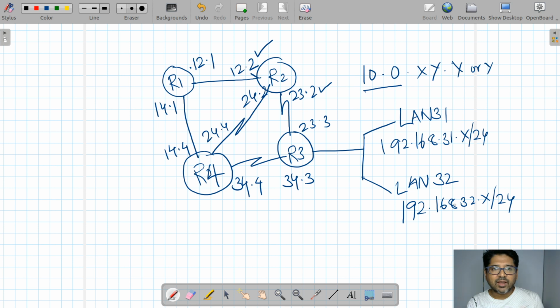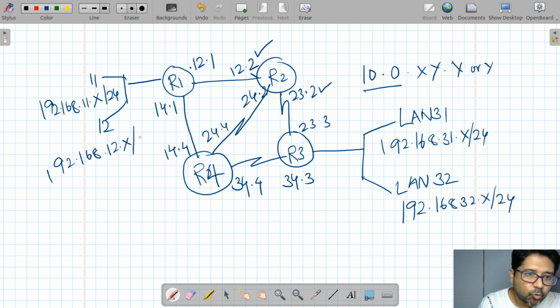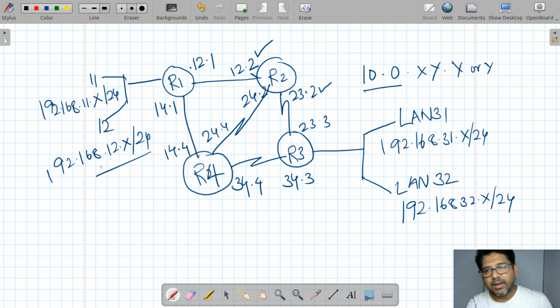So we can start our lab quickly here. Suppose R1 has LAN 11 and 12, so my IP will be 192.168.11.x. By looking at the LAN, I can tell what IP will be assigned, and this way we need not remember which IP belongs to what. By looking at the topology, you can calculate.